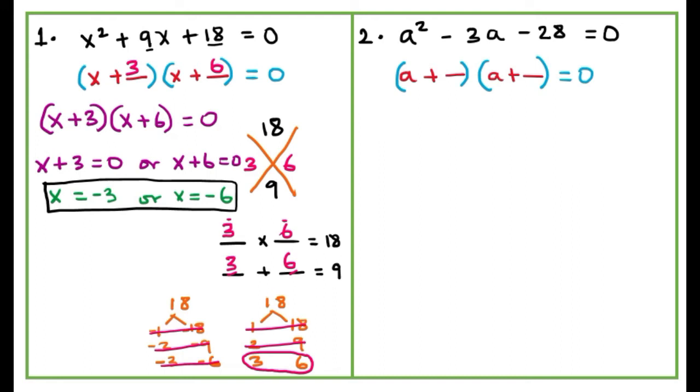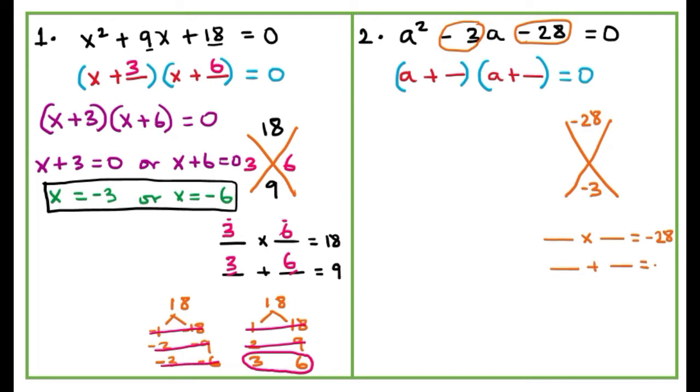As we have seen in example 1, we are looking for two numbers that can be multiplied to get -28, and when they are added we get -3. Two numbers when multiplied we get -28. Two numbers when added we get -3.